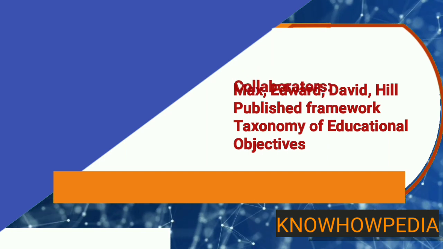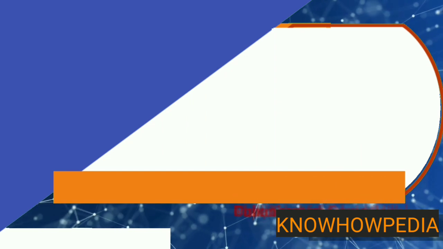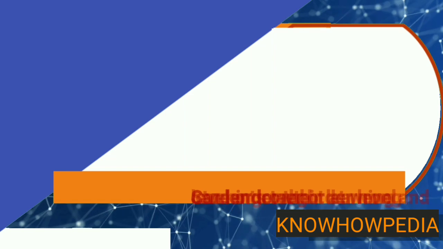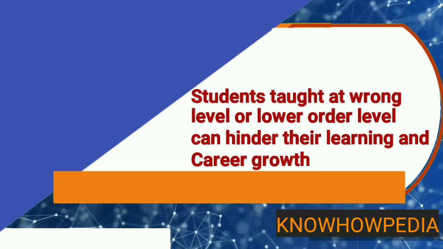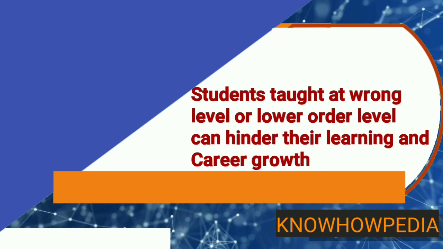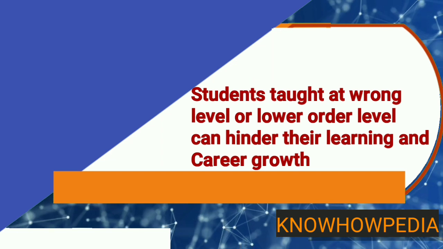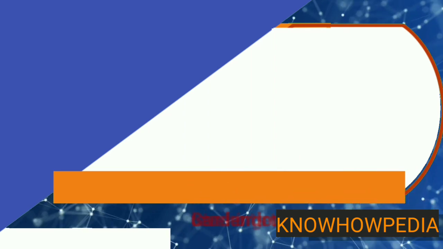This framework became a base for most of the educational institutions, gauging the level of the students and testing them at an appropriate level. Most of the engineers today, most of the MBAs today, are not at that appropriate level because they are taught at a level which is lower than expected.